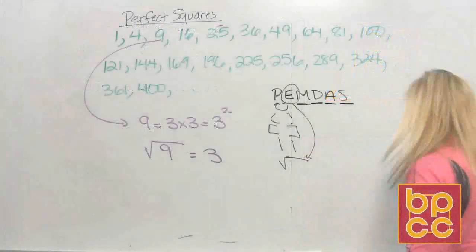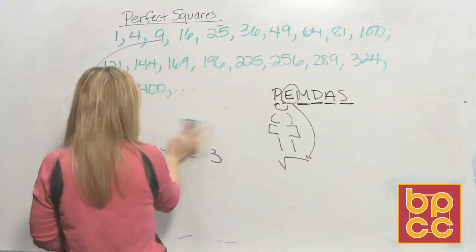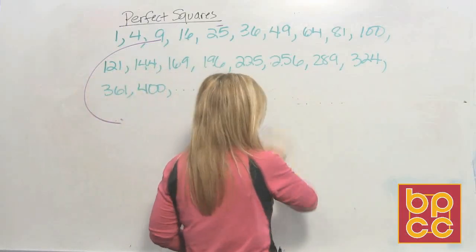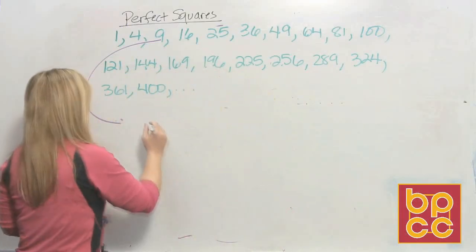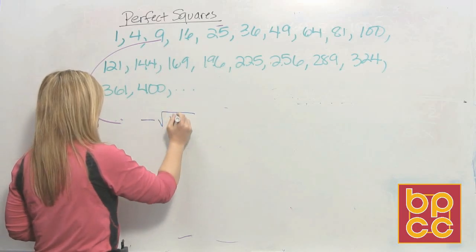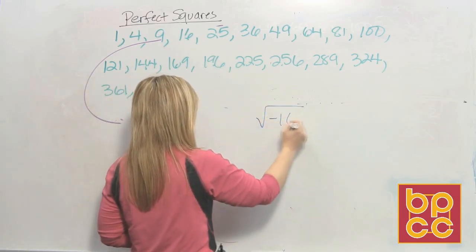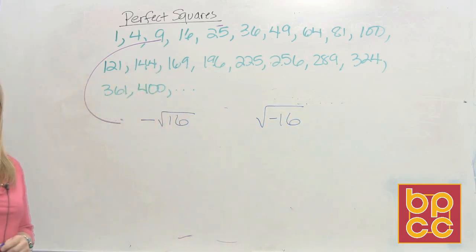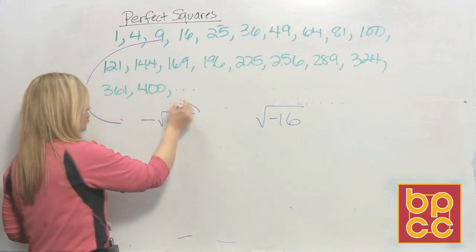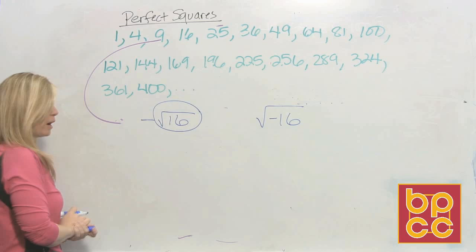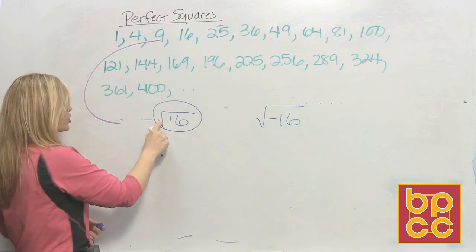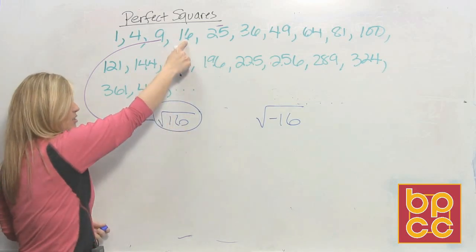Now let's go to the board and look at examples 7 and 8, because those are a little bit trickier. They do not look exactly alike, so they're not going to give the exact answer. 7 is asking negative square root of 16. 8 is asking square root of negative 16. If you follow, please excuse my dear Aunt Sally, you always work inside a symbol first. So we're going to do, what is the square root of 16? 16's on the list.